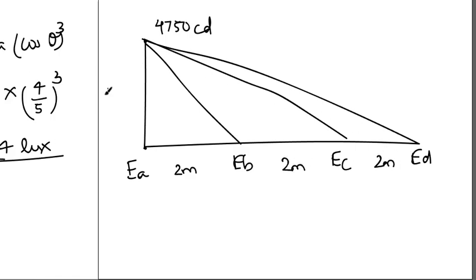The height of the wall you can consider as 4 meter. So you can solve this problem. You have to find EA, EB, EC and ED simultaneously.